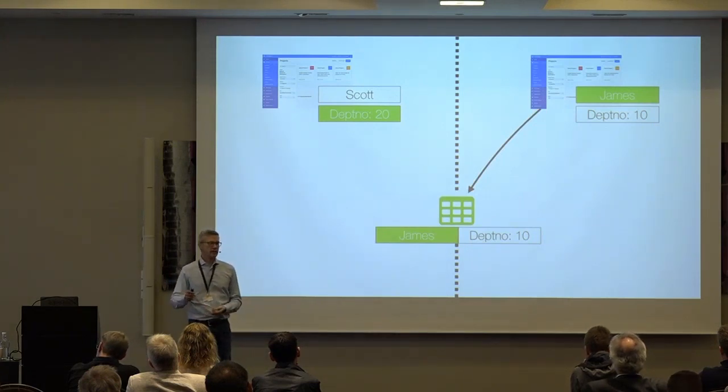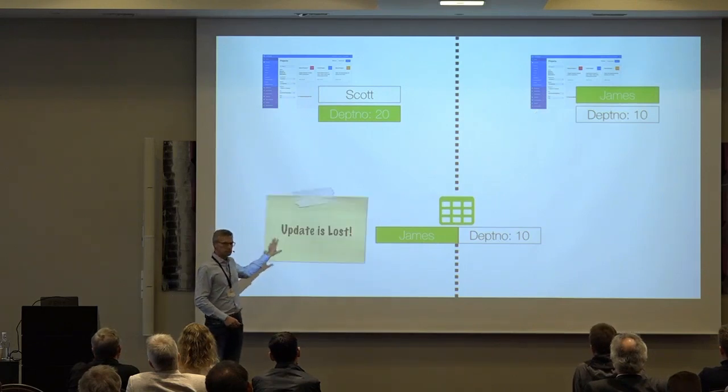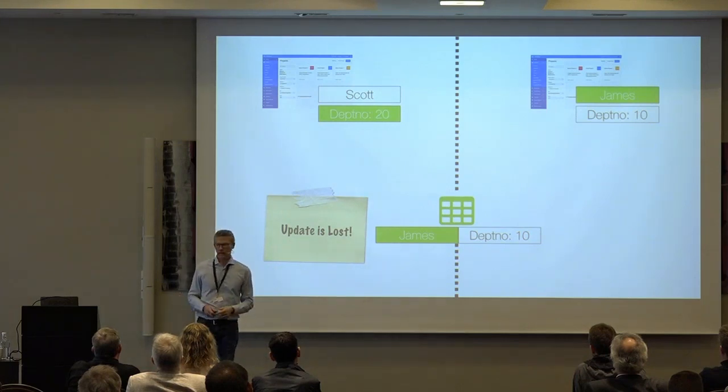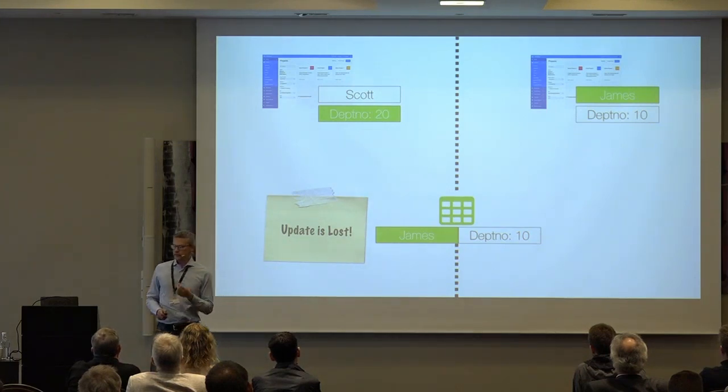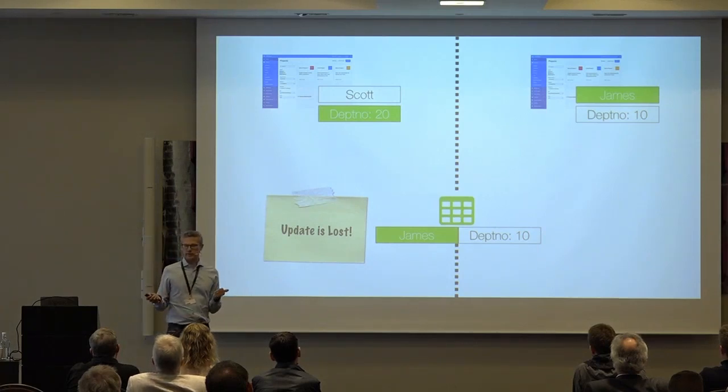He's the last one to hit save, he wins. So the update of the first one is lost, as if it never happened. So if you don't take this into account, you might lose updates.